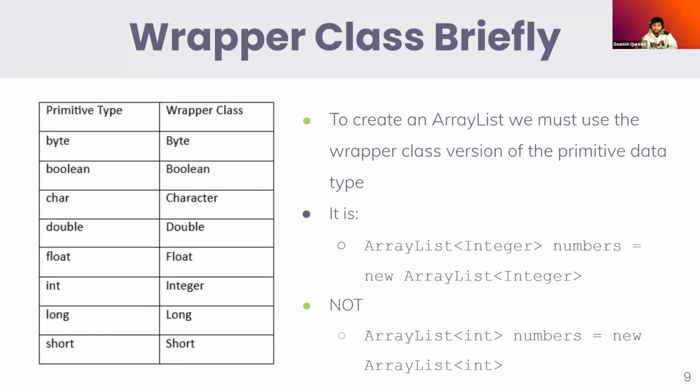And then as you continue, you'll memorize it. You'll understand which ones are wrapper classes or primitive data types. But when you're starting out, it's okay to always go back and say, okay, I want to use a character. So you look at char and then you go to Character, if that makes sense.